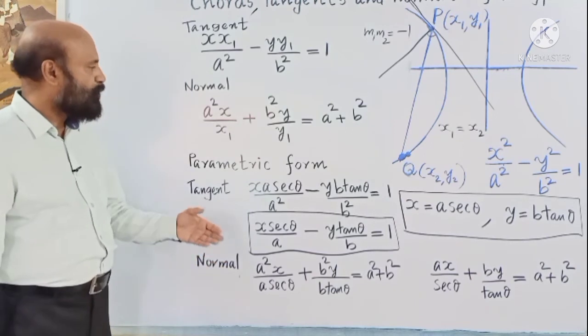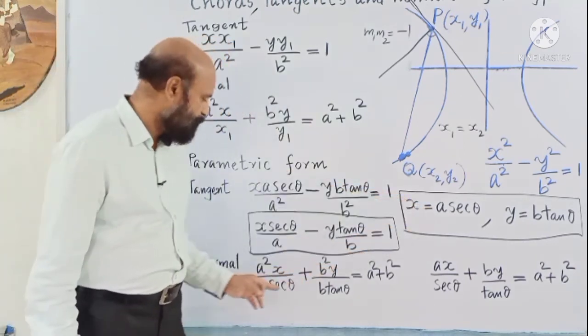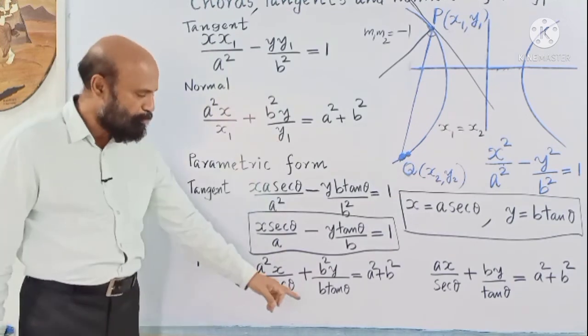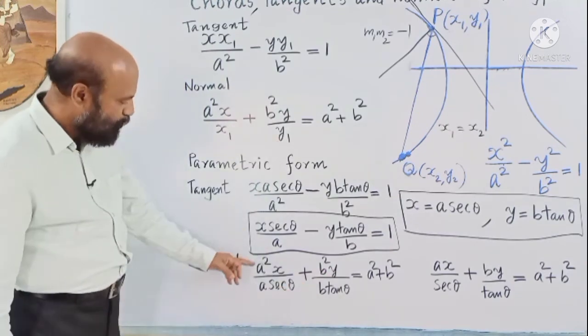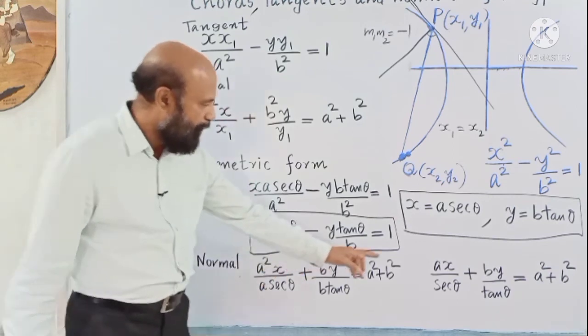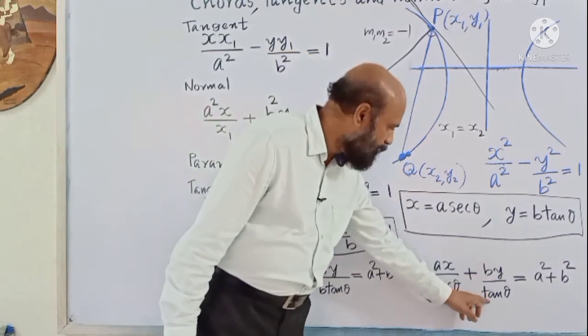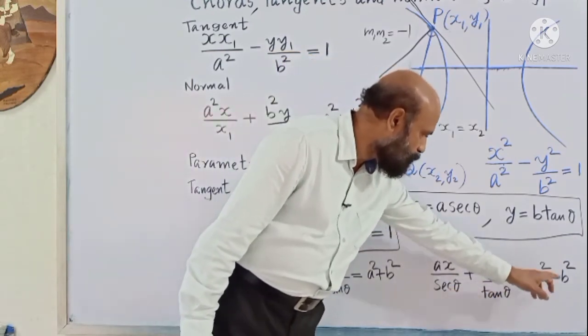Then for getting the equation of the normal, here you substitute. For x1 you substitute a secant theta. For y1 you substitute b tan theta. So after cancellation it will be ax by secant theta plus by by tan theta is equal to a square plus b square.